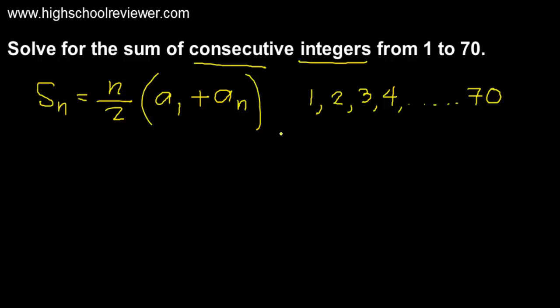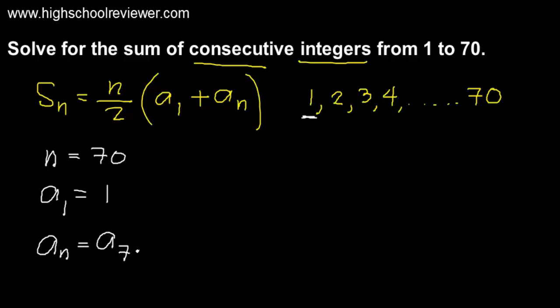Based on our given, our n, the number of terms, is 70. Our a sub 1, the first term, is positive 1, and our a sub n, the last term, can be written as a sub 70. Our last term is positive 70.